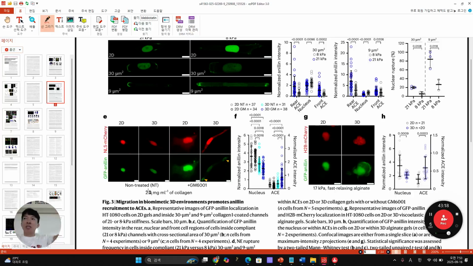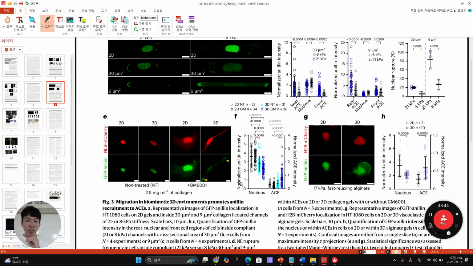And then when they degrade it, you can go easily, right? So the meaning of this GM MMP inhibitor is that they block this chemical degradation, which means they have to penetrate and migrate physically without any help of biochemical factors. Okay, and then definitely GM is a more harsh condition for confining, right?